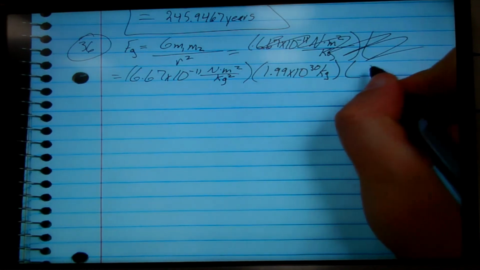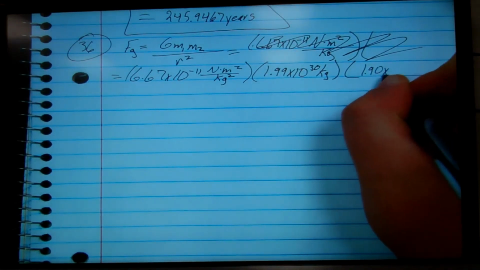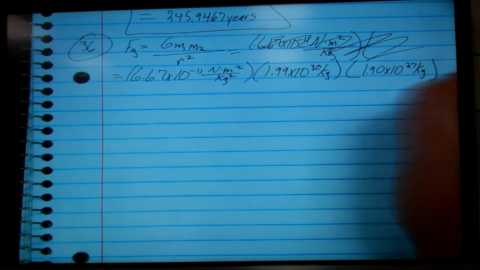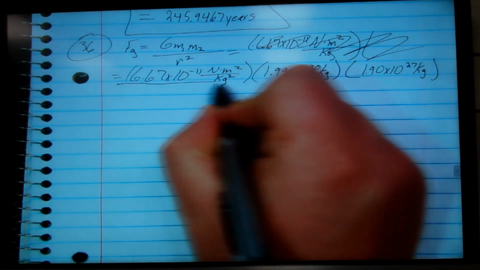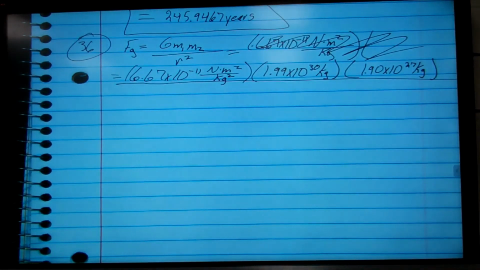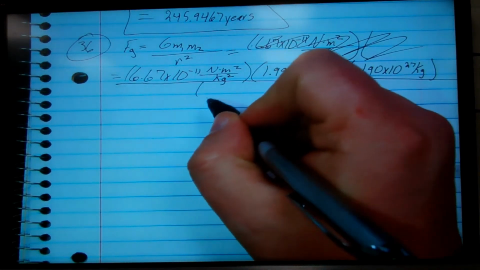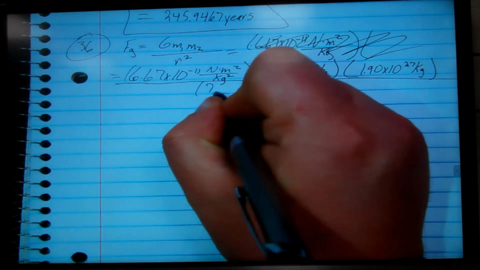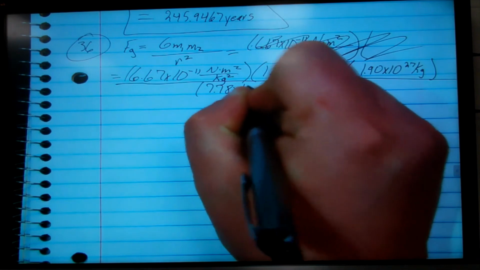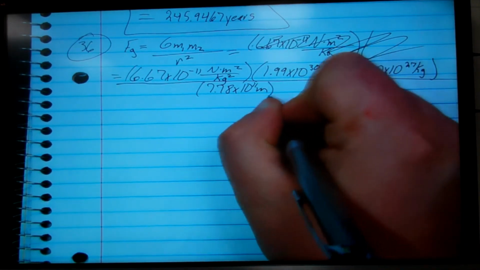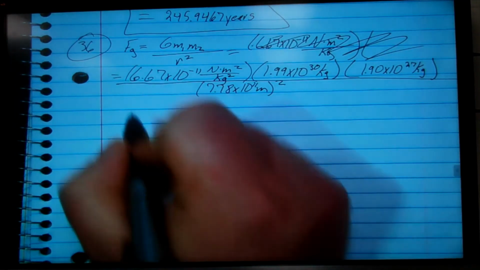So Jupiter is 1.9 times 10 to the 27 kilograms. All divided by the radius, which is the distance from Jupiter to the Sun, which is 7.78 times 10 to the 11 meters, and that's going to be the whole quantity squared.